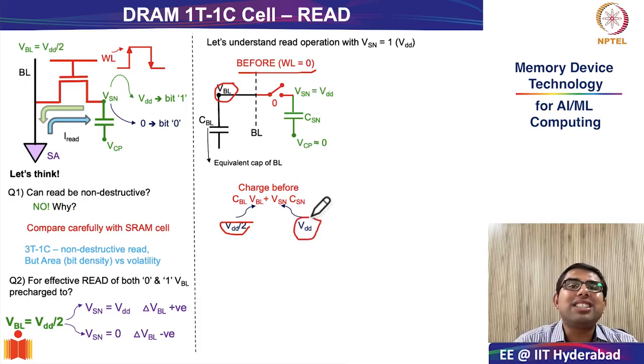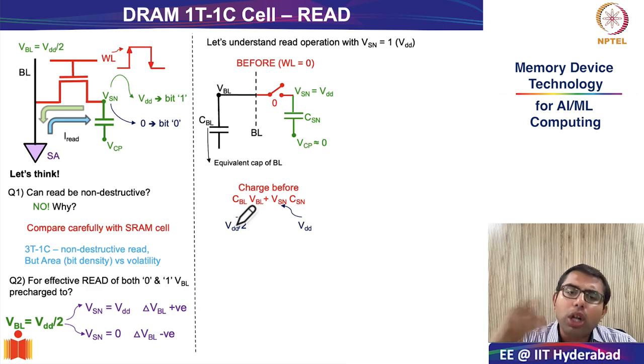So what is the charge of this entire system once you have just pre-charged the bit line? You are about to do the read, but you have not yet asserted the word line. So what is the total charge in the system? The total charge in the system is very simple.